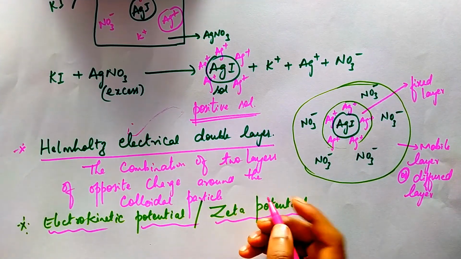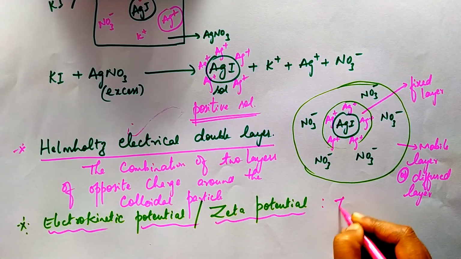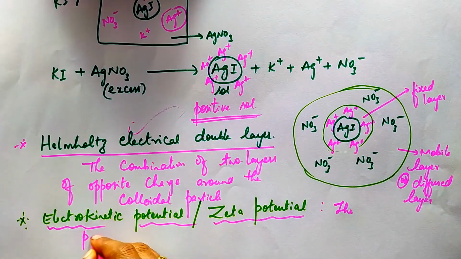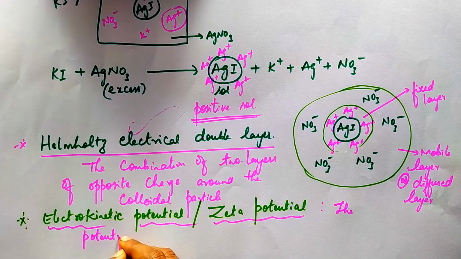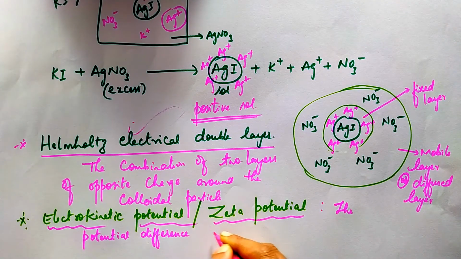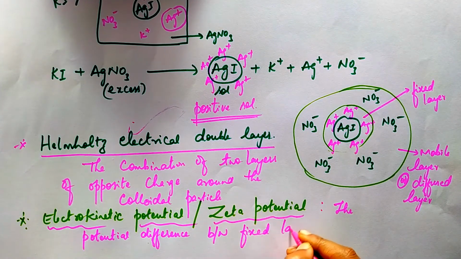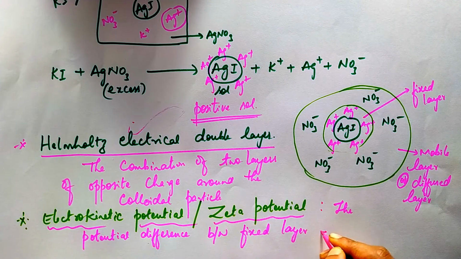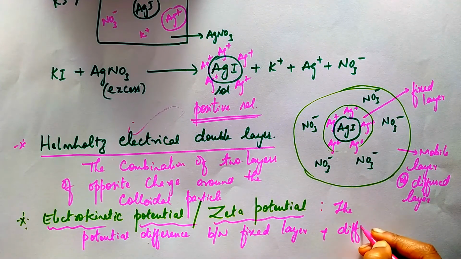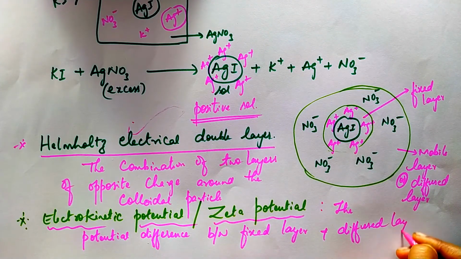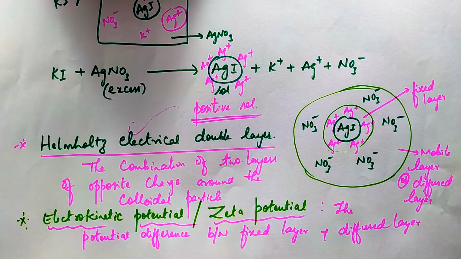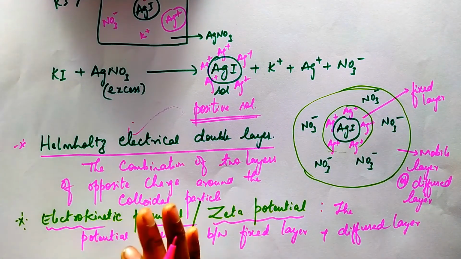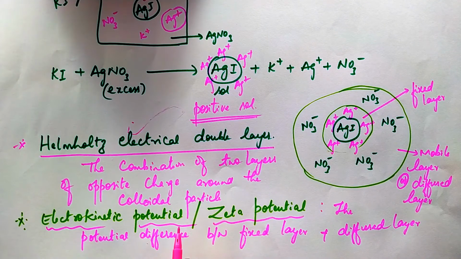So let me write the definition now. The potential difference between the fixed layer and the diffused layer of oppositely charged ions is called electrokinetic potential or zeta potential.